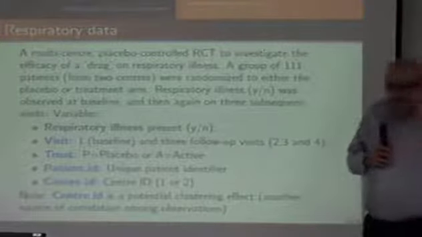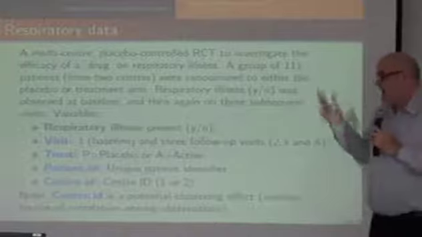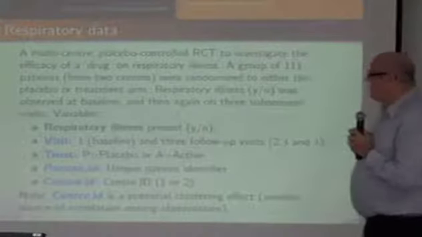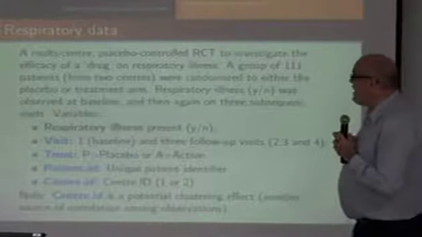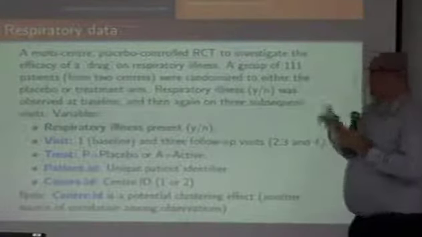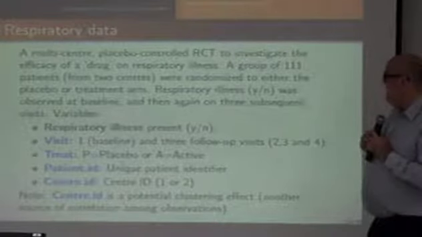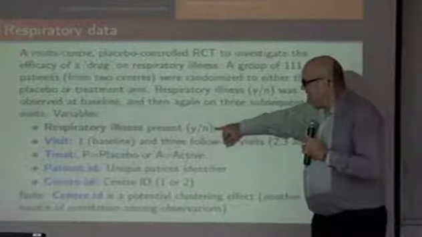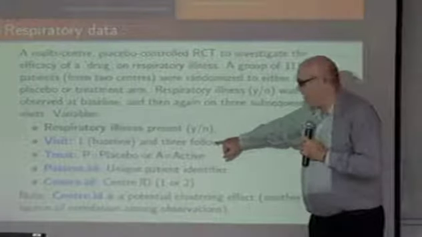Okay, so let's run a very quick example. We have the data I've been talking about, which is the multi-center placebo-controlled RCT to investigate the efficacy of a drug on respiratory illness. So yes, you have it, no, you don't. And then we have respiratory illness as our outcome. Visit, which is the within subject fixed effect.